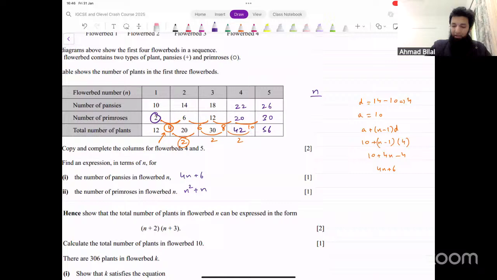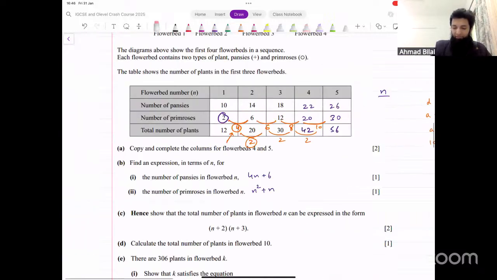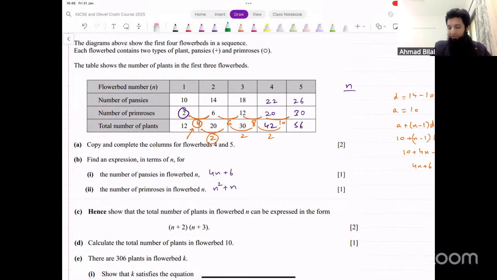Okay, so this sequence is n squared plus n. And now that I have found the sequence here, if somebody was able to figure it out directly, n squared plus n can be written as n into n plus 1. So one way to figure this out mentally, which we could not do this time, is that this number 2 is the product of the number above it and the number on the right.